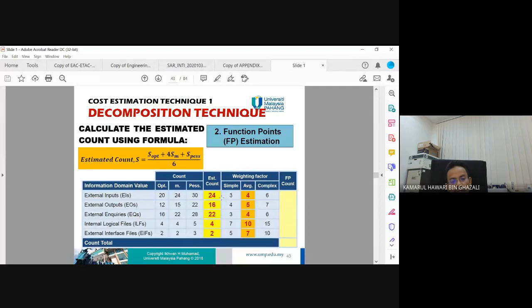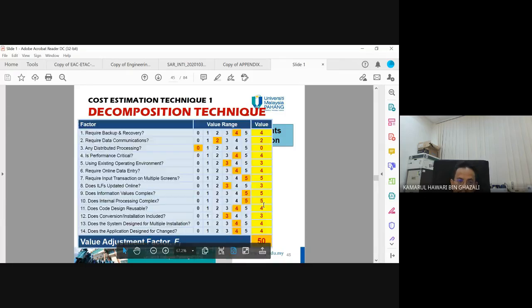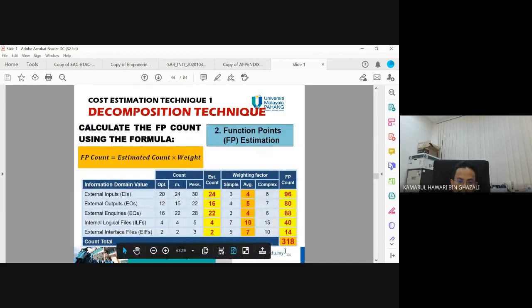So estimation count 24 multiplied by average factor. Okay, and then we got the count total. Okay, so estimated count multiplied by weight, then we got the value of the cost of the project.